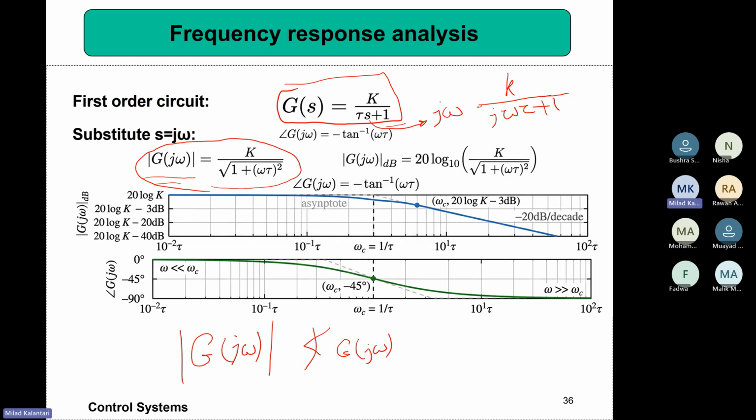And usually, in order to plot this amplitude and the phase, we use a logarithmic scale, and we plot it as a Bode plot, the Bode plot, right? So why do we use the logarithmic scale?